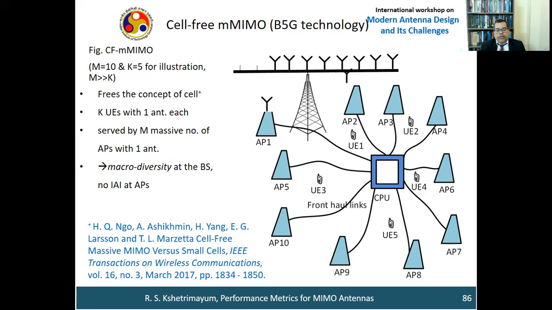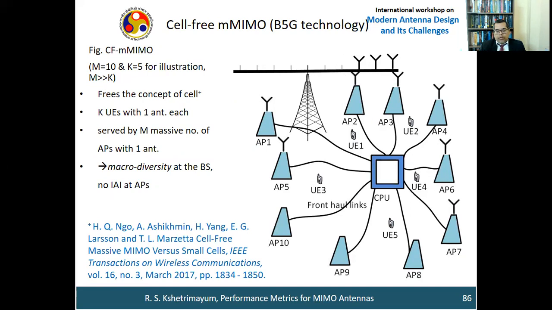If you distribute the antennas of the co-located base station to access points, then the inter-element distance increases, and we will have macro diversity. When we moved from single user to multi-user, there was macro diversity at the user side. Now the base station is replaced by many access points, so we'll have macro diversity at the base station side also.